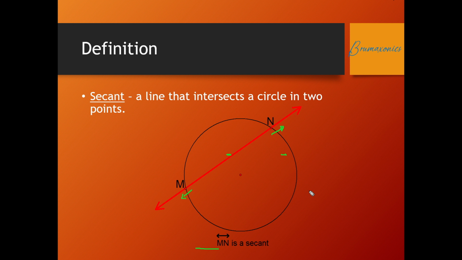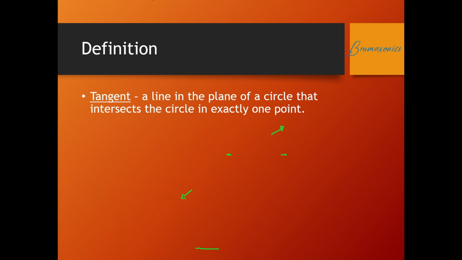So this will be called a secant. You have to understand the difference between a chord and a secant, because they might give you a theoretical question on how you should approach your question, and with that you should know how the line works, right? So let's move to our next definition, which is based on the tangent.